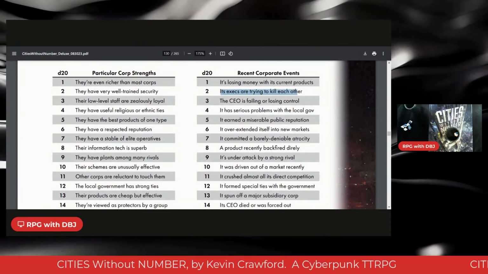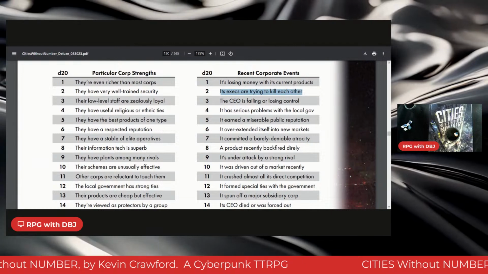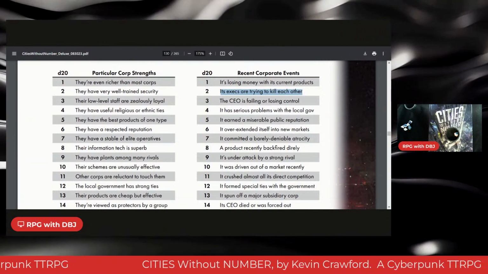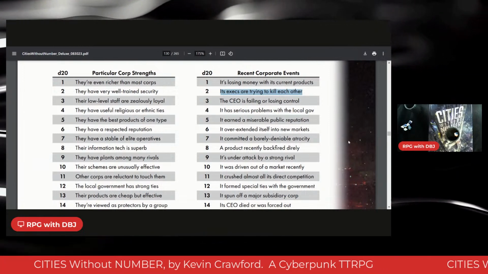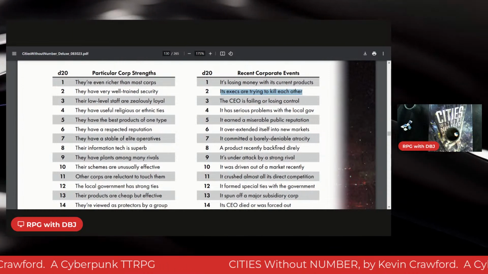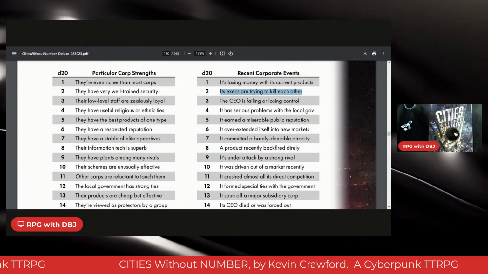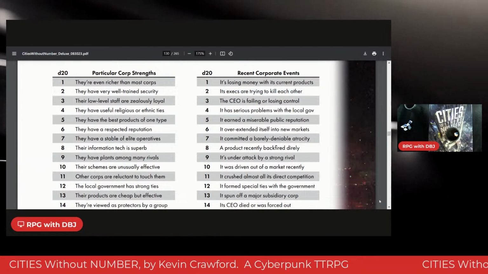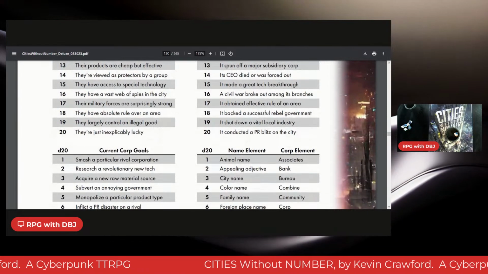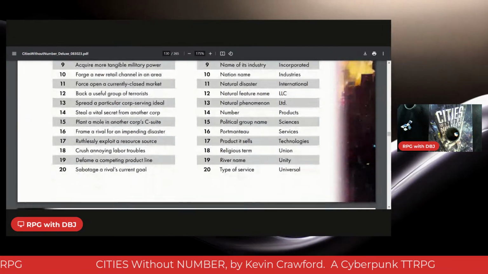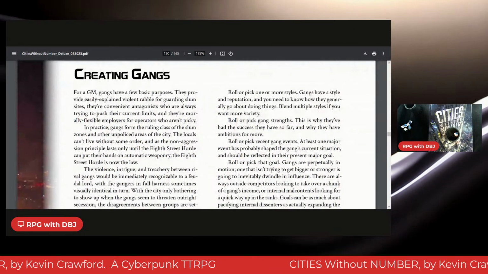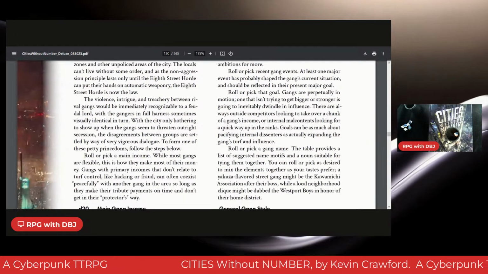Its execs are trying to kill each other, or maybe somebody got blown away in the corporate headquarters because their new police machine didn't realize that the person dropped the gun, and the person's like, "Oh, looks like we've got an opening." Hilarious. I love RoboCop. Look, so brutally tongue in cheek. I love RoboCop. But anyway, we have ourselves gangs, and you can create gangs.